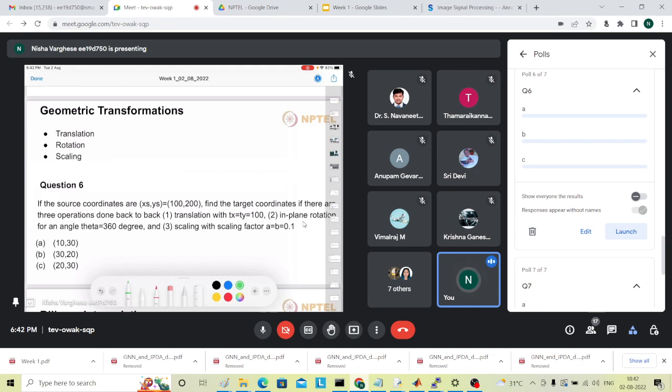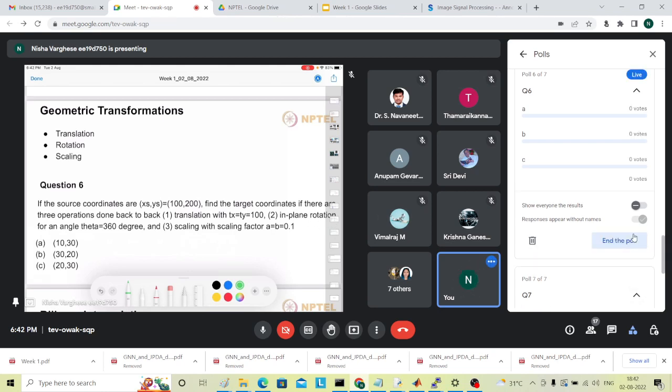So the question is, if the source coordinates are, I'll launch the question first. Okay, the source coordinates are given as 100, 200. Find the target coordinates if three operations are done back to back.